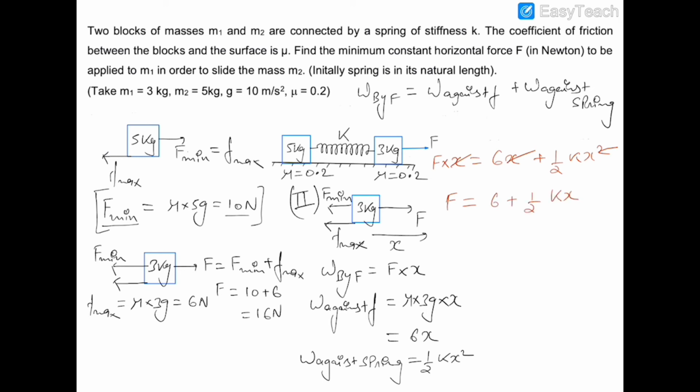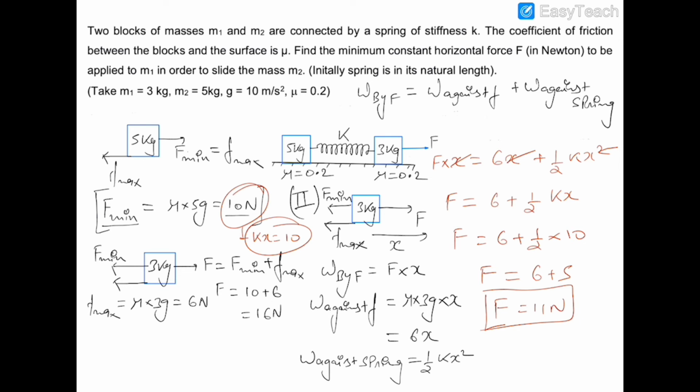Now we all know that this spring force kx is equal to 10. So F is equal to 6 plus half into 10. So F is equal to 6 plus 5, that is 11 Newton.